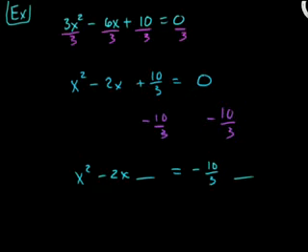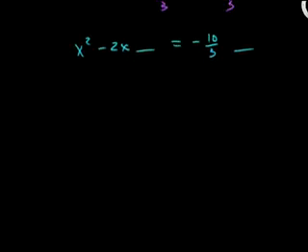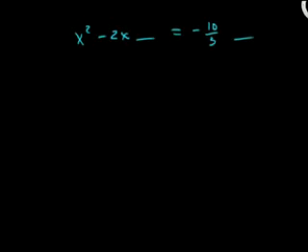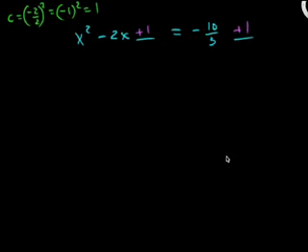And let's calculate our new c term. I'm going to do that on the side this time. So our new c term is negative 2 divided by 2, all squared. So that's negative 1 squared, which is 1. So I'm going to add 1 to both sides. And my left-hand side can now factor fast.